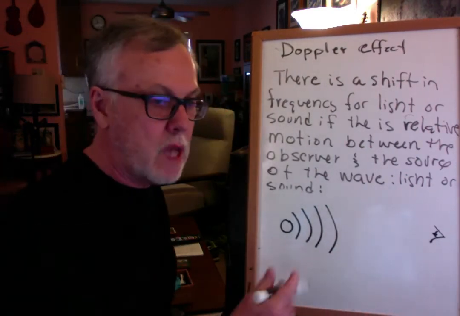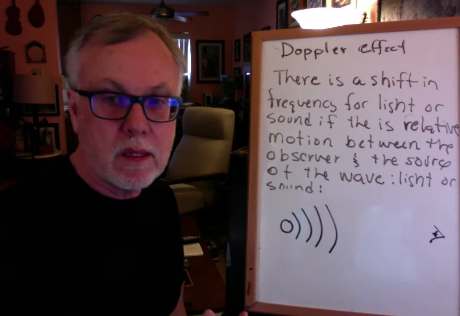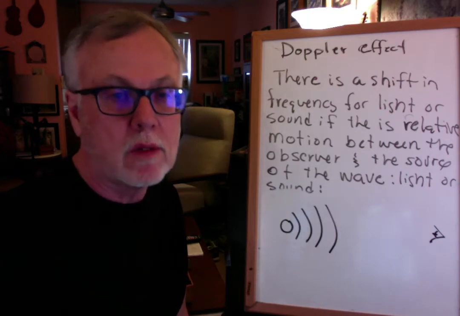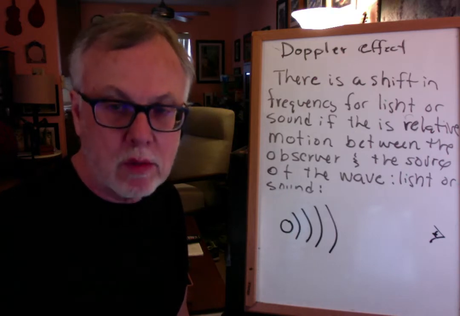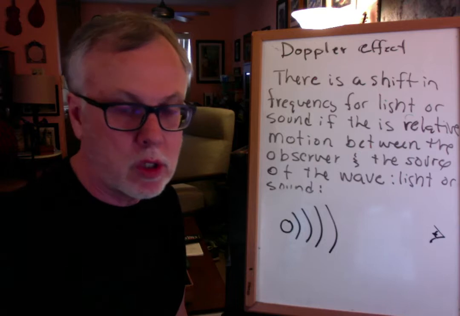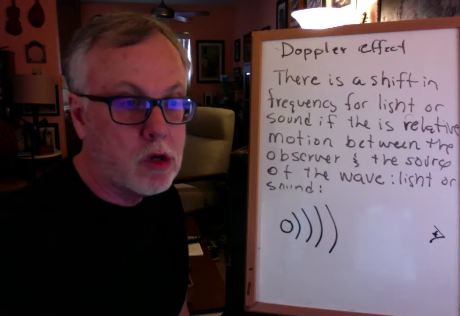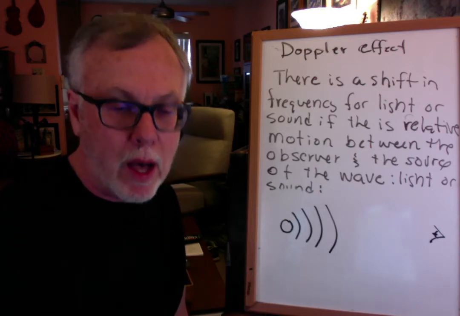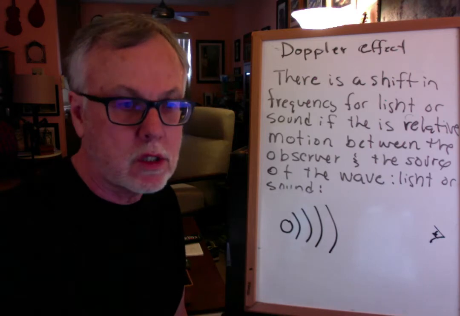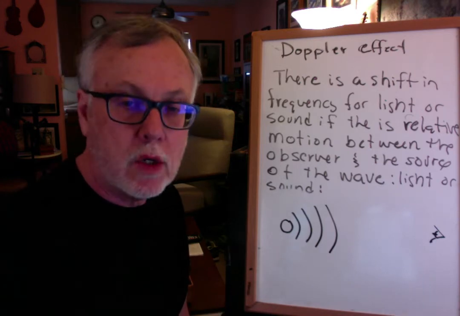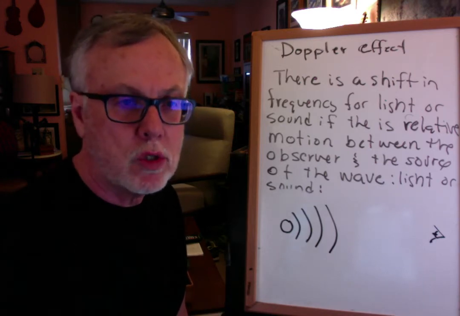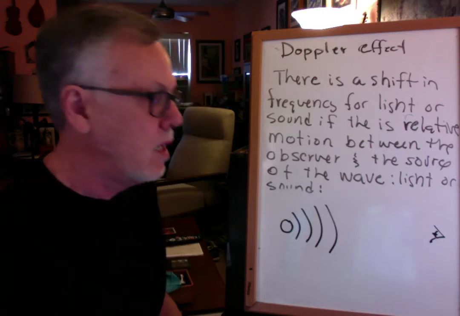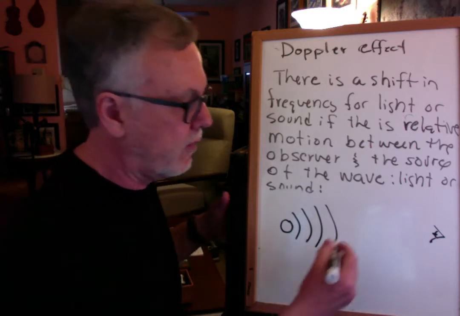Now, if it's not moving, it would have a set pitch to the sound, which is quite loud and obviously pretty high pitched. But it turns out that that pitch, how high or low the sound is, the tone is, will change if there's that radial motion. That's what the Doppler shift means. So how does it shift?